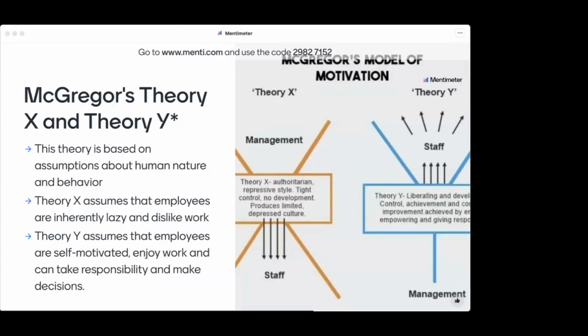mas gusto nila nga ginatagaan sila na kumbaga nabu-boost ang ilang confidence if ginatagaan sila ng responsibilities, no? Kumbaga, you as an employee nang hambal ka nga, do parang may worth naman sa organization. It is because you are being given responsibilities like that.